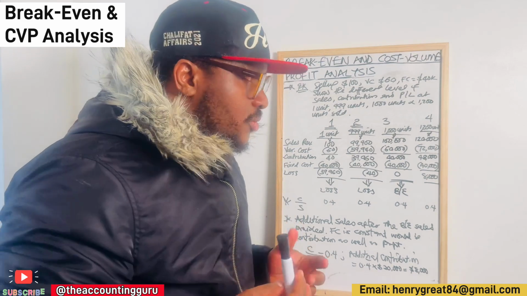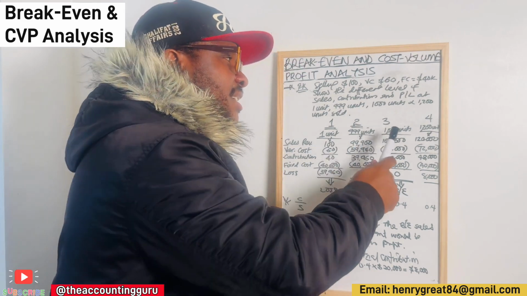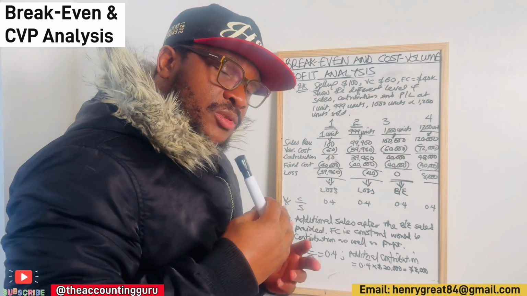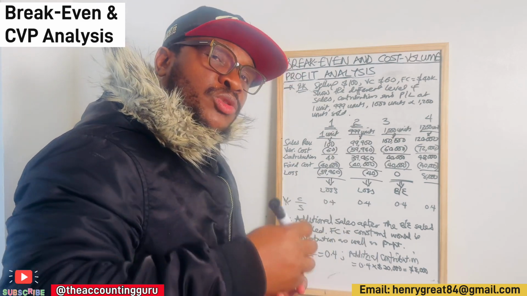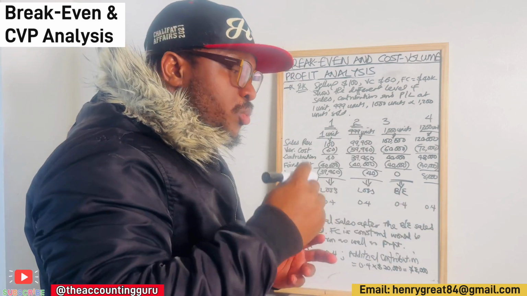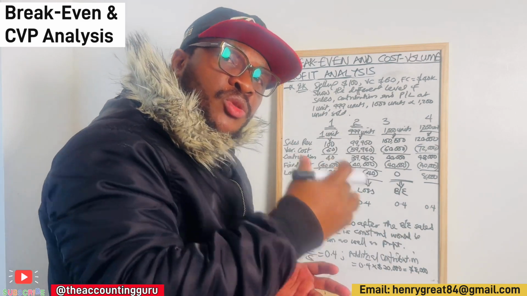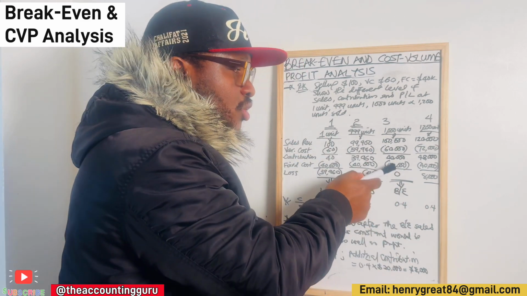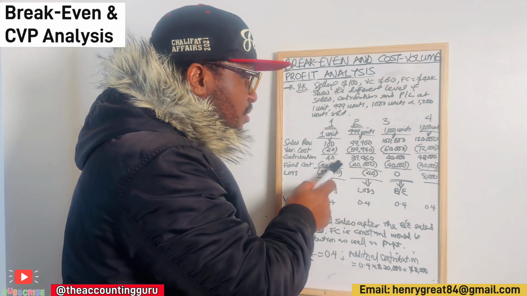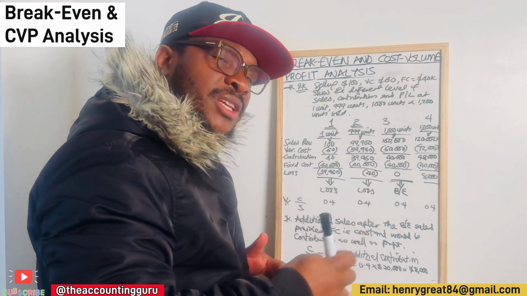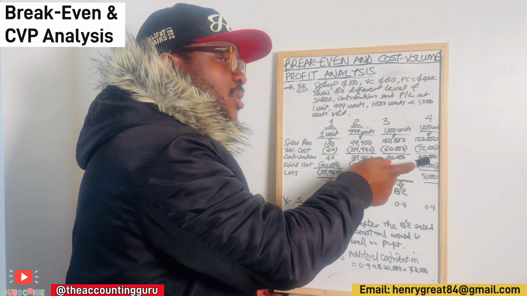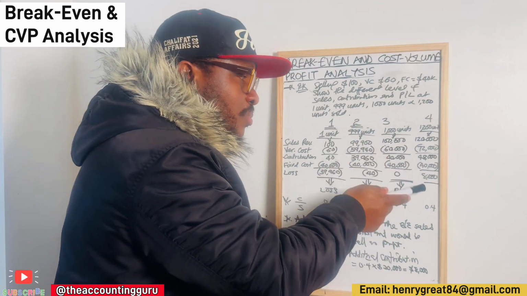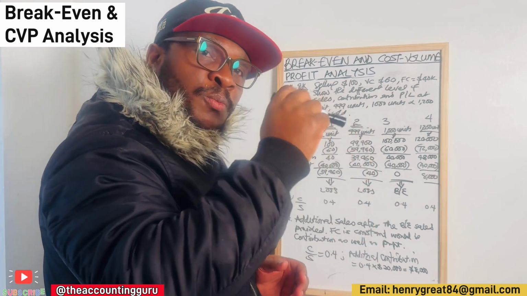What have I said so far? I have said that for any additional sale after break-even sale has been reached, the contribution calculated on it, provided no extra fixed cost has been incurred, and you can see fixed cost has not changed, it remains 40, 40, 40, 40, that additional contribution would also mean the same as profit.